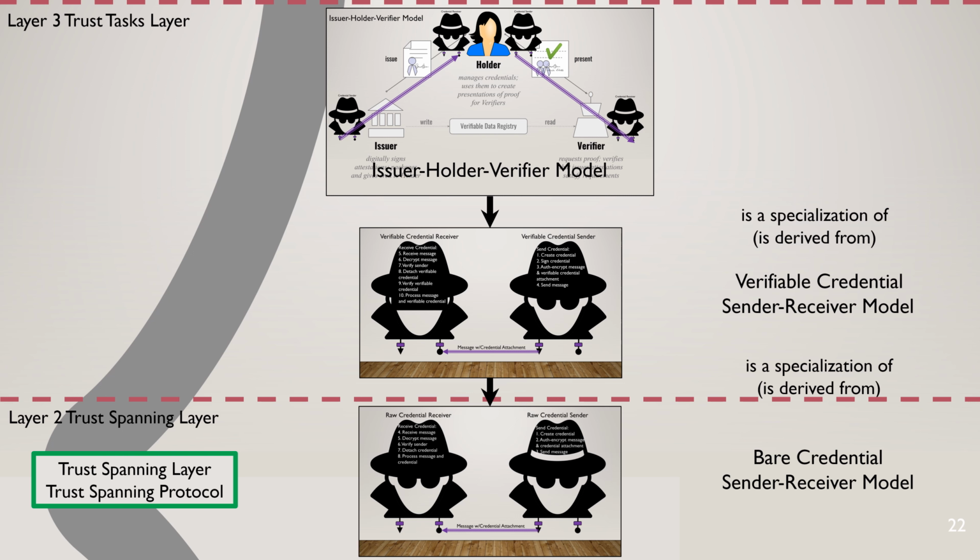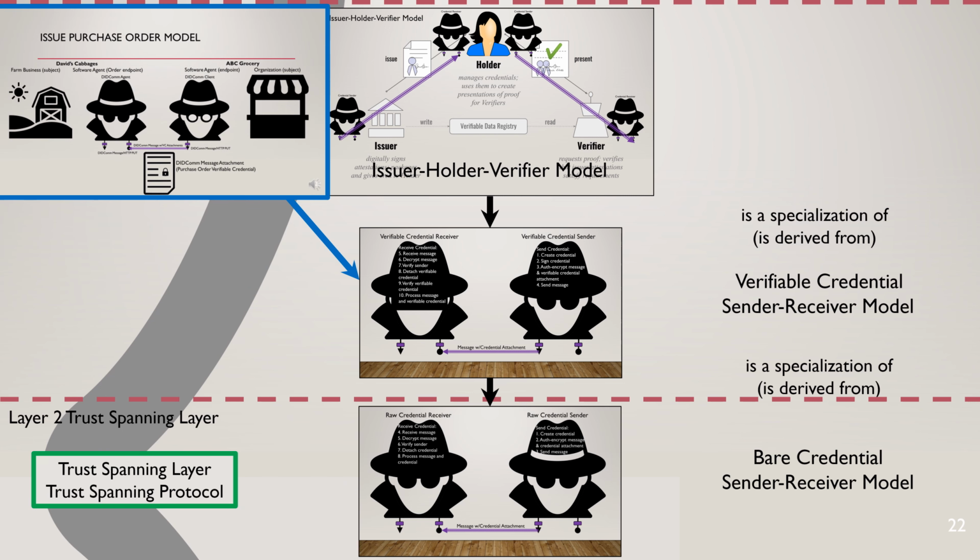So how does this fit in to the hierarchical taxonomy of verifiable credential sender-receiver models? Well, if we look at the issue purchase order model, it's really just almost the same as the left side of the issuer holder verifier model.